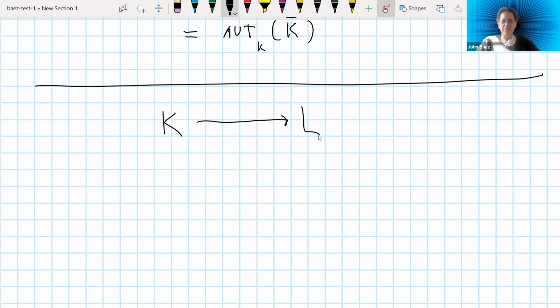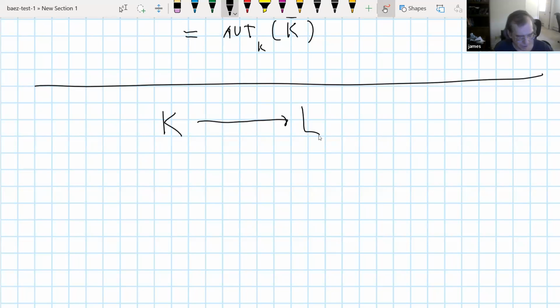It's what makes there be this homomorphism from the absolute Galois group of K down to Z mod 3, modding out by a normal subgroup.